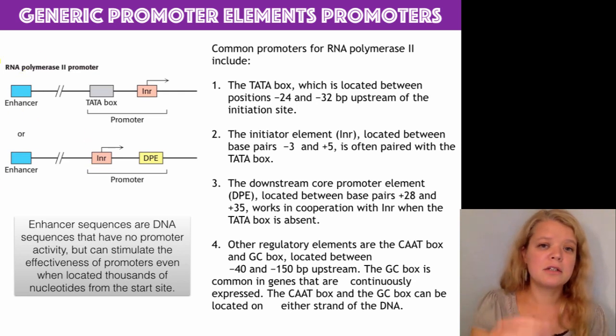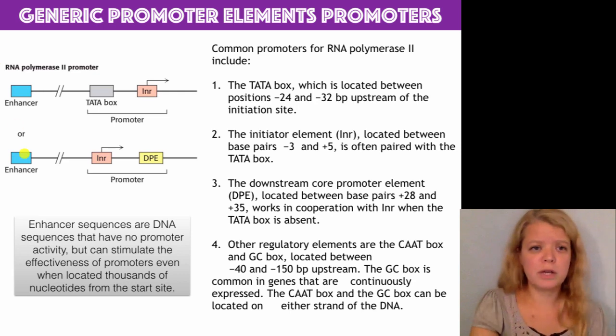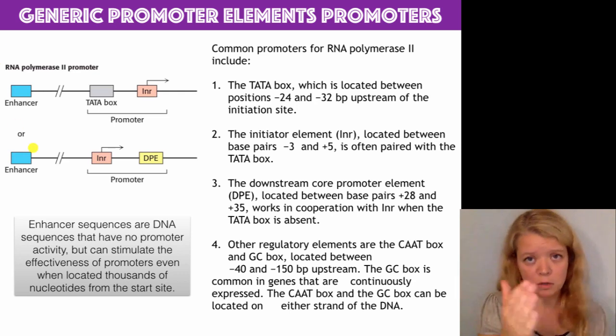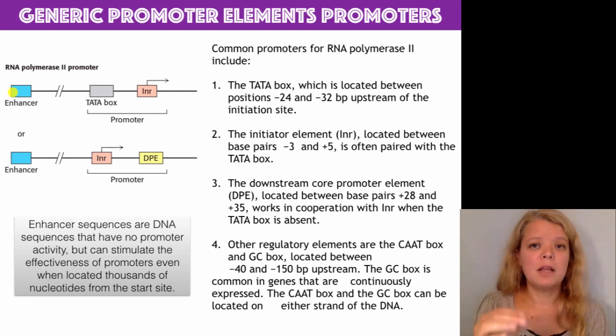And then enhancers or activator elements or specific transcription factor binding sites. These blue guys have lots of names depending on which year the book was written, literally, because somehow our terminology keeps on changing. These enhancer elements can be very far removed and are specific for that particular gene or situation.